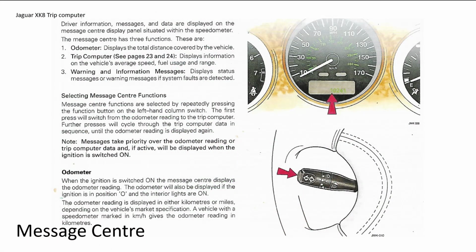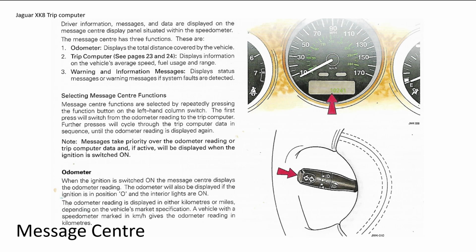Okay, so I'm going to run through basically the same information with the aid of the operator manual for the car. The driver information, messages and data are displayed on the message center display panel situated within the speedo, as I've shown you in the part of the video before. The message center has 3 functions: the odometer, the trip computer, and the warning and information messages.